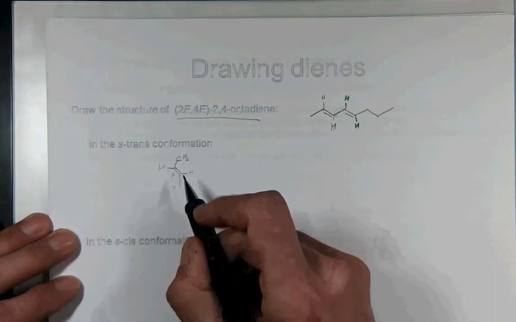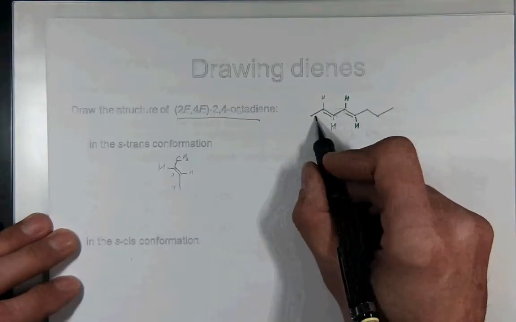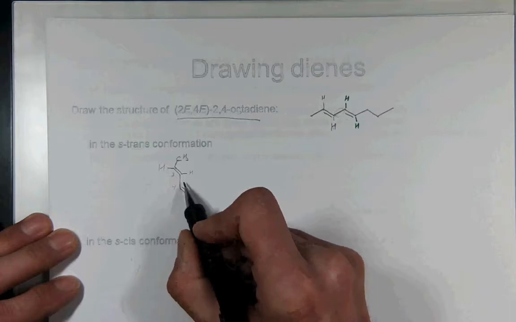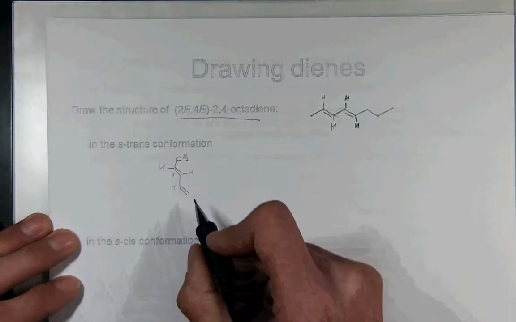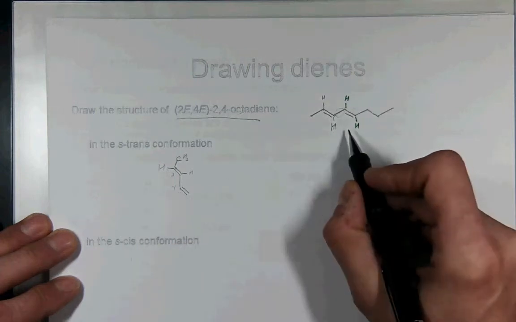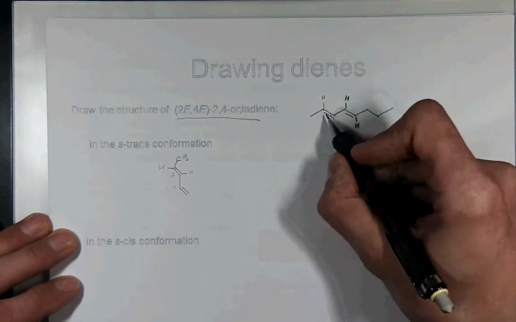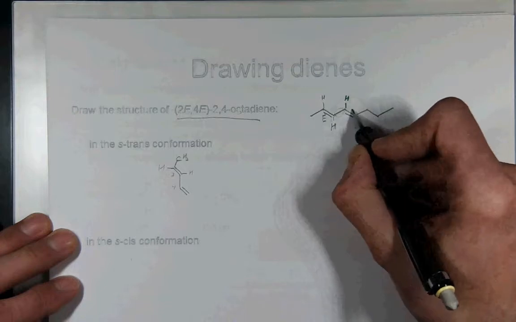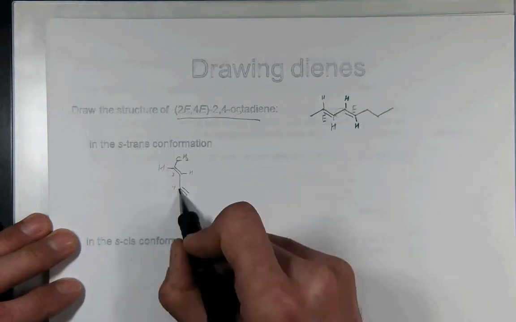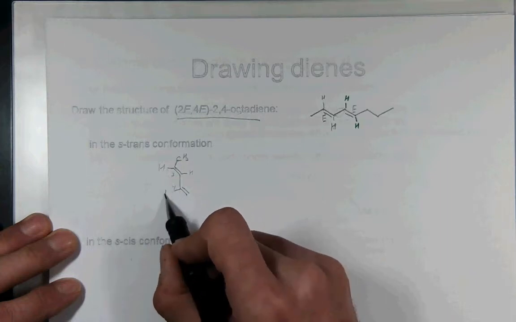It's trans. For carbon 4 now, we have a double bond. It has to go in the opposite direction. So S-trans, the two double bonds are facing away from each other. Again, we want to make sure that we maintain the E and E stereoisomer. On carbon 4 we have a hydrogen coming off here.